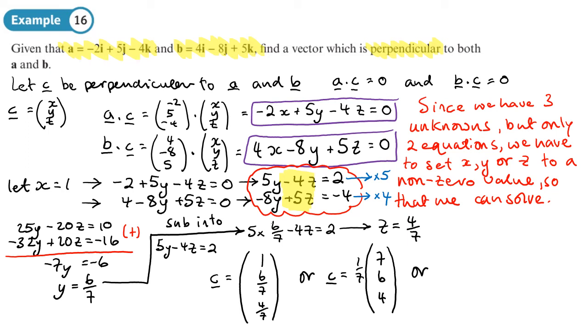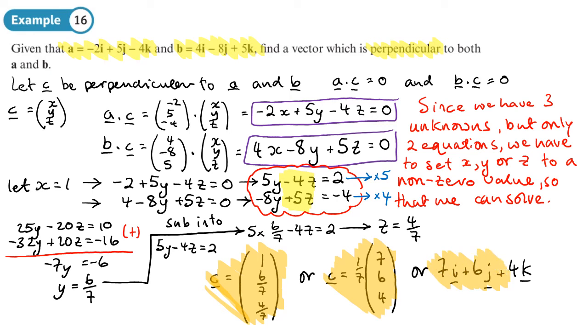So we could take the 7th out, and if we used i, j and k, we could just write 7i plus 6j plus 4k. It's useful sometimes to take that fraction out so that we get some nice whole number answers rather than fractional ones. So any one of these will be fine as answers.